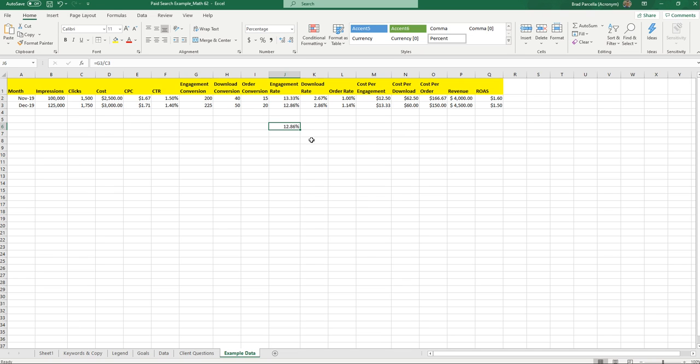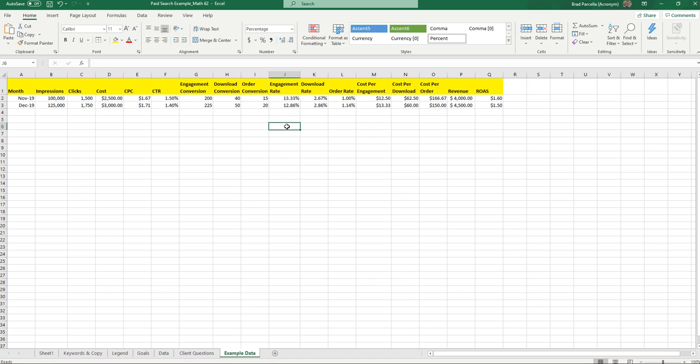So they're showing that people who are at your site are interested in your content, but they might not be ready to buy yet. Same thing for download rate. It's the same exact calculation, but you use downloads divided by clicks. And same exact thing for orders. It's orders divided by clicks. Now, I was talking about the funnel, high-level conversion, mid-level funnel conversion, and low-level funnel conversion.